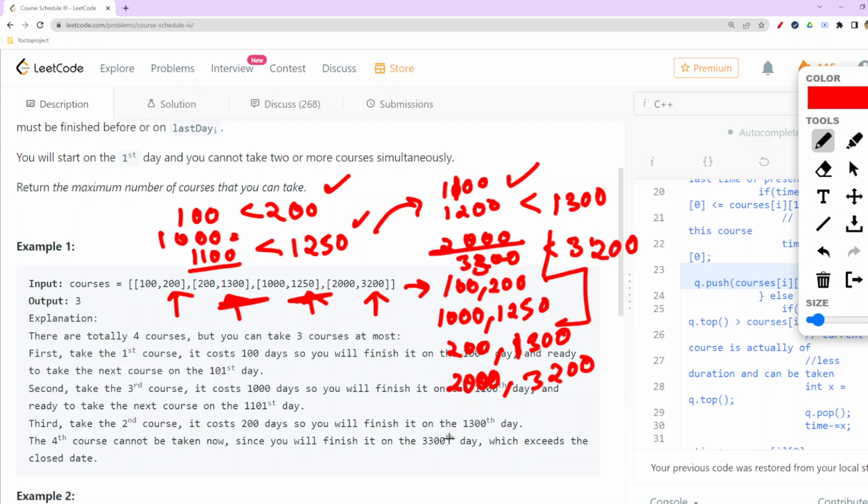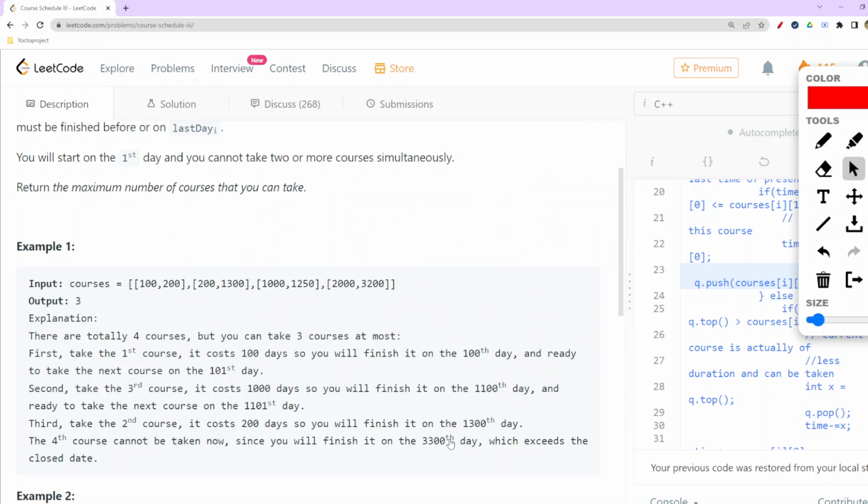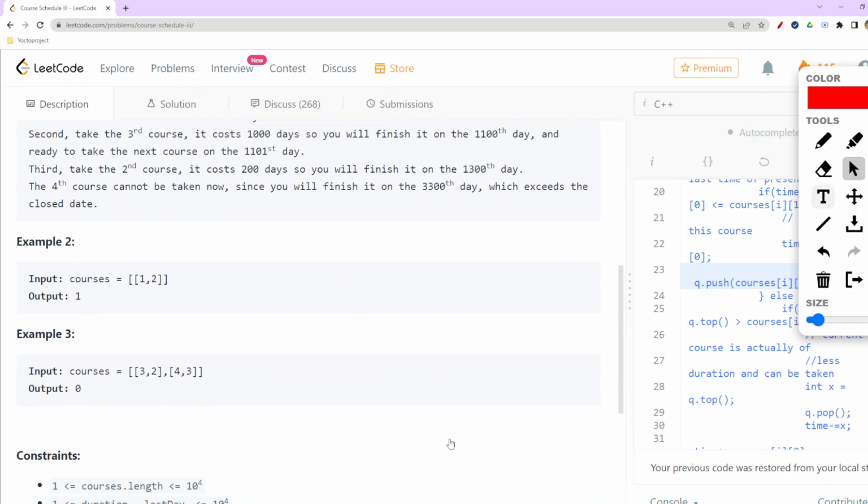But if we take one of them, we would be able to add two more, rather than if we take the other one, because of which we were only able to add one course to our curriculum. So which one would be more optimized? Obviously the first one, in which we are able to do 4 courses rather than the one in which we are doing 3 courses. Let me check if there is that example or not. Actually there is not.